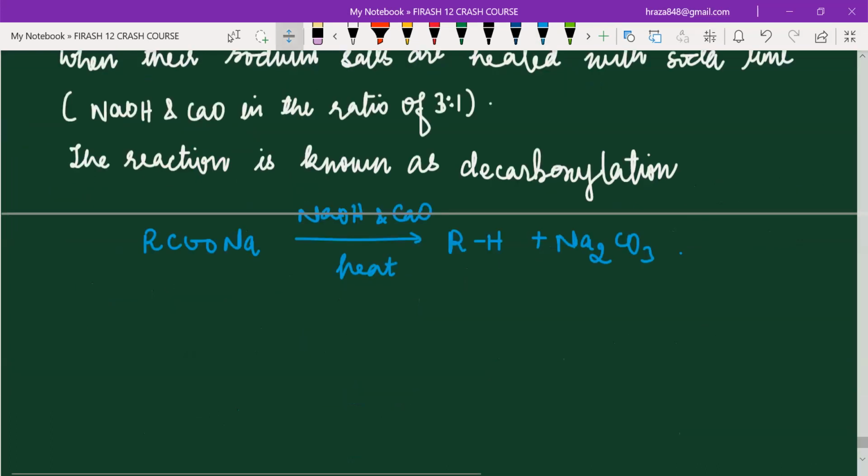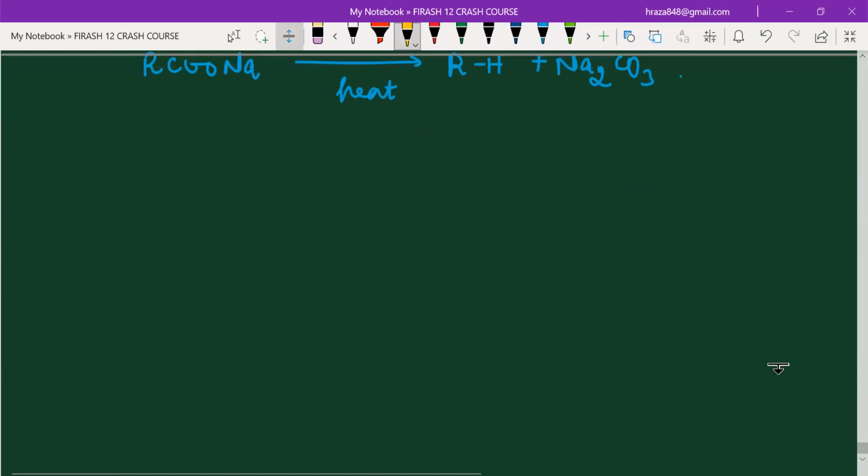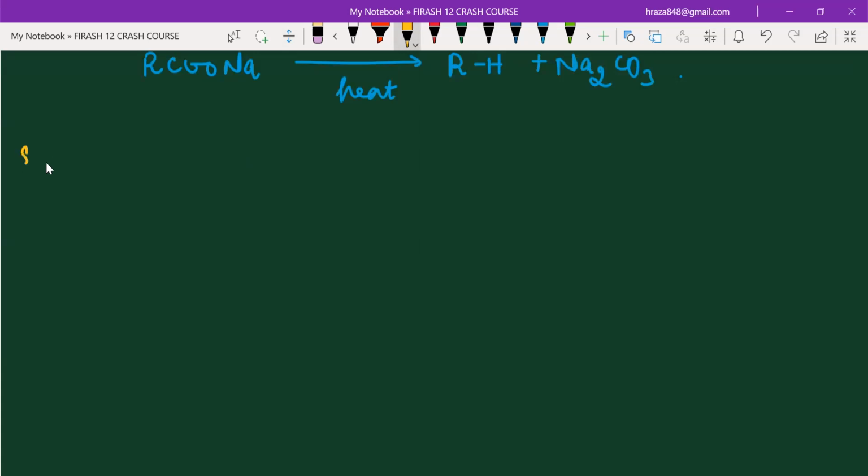Now, after this, the next reaction is substitution reactions in the hydrocarbon part.